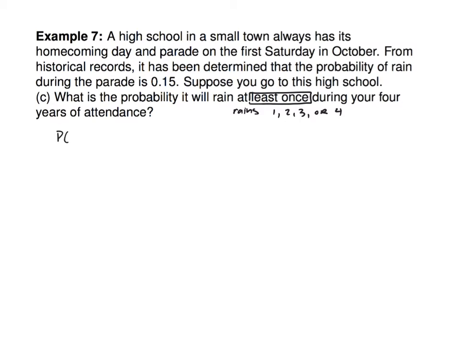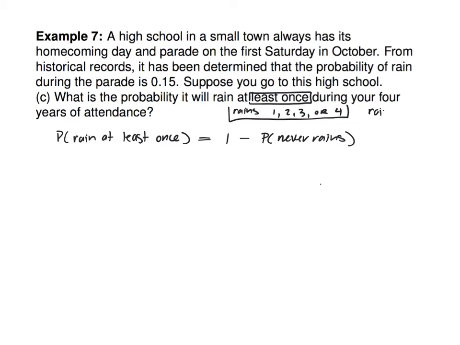The probability of rain at least once is 1 minus the probability that it never rains. And you can think about that as in it can rain 1, 2, 3, or 4 times, or it could rain no times. We found this in part B, and those 2 events definitely cover the sample space.